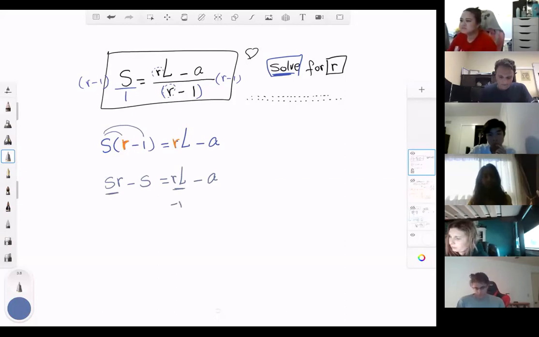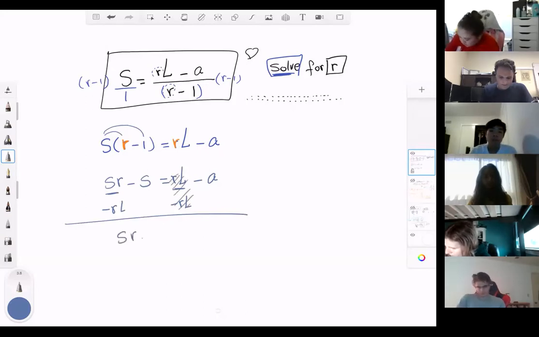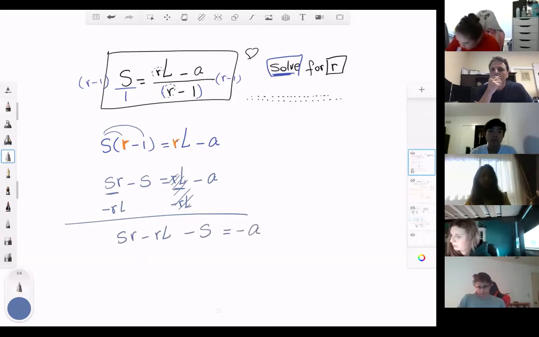I'm going to subtract RL from both sides. So this is gone. We have SR minus RL minus S equal to negative A. Good.